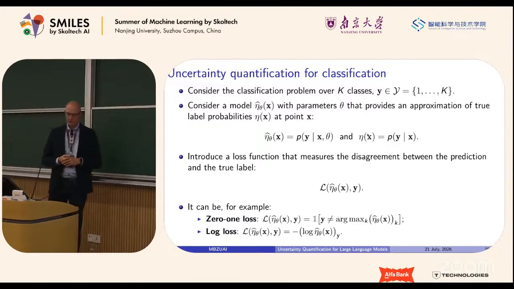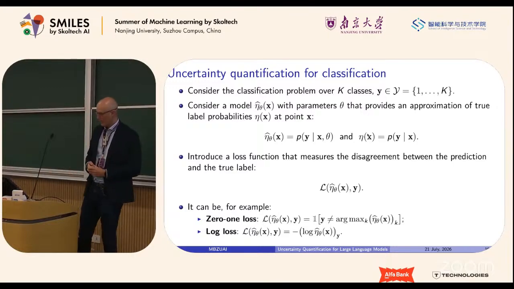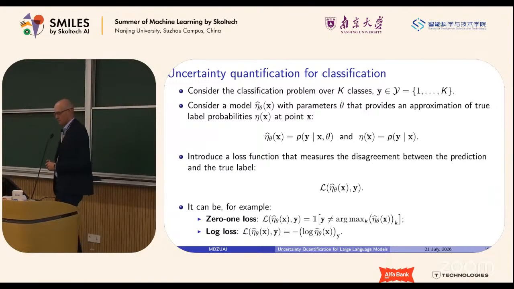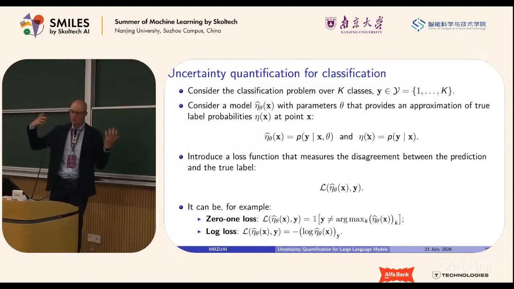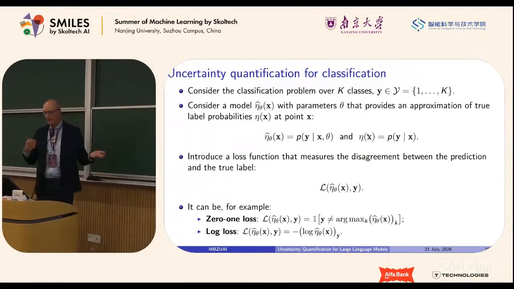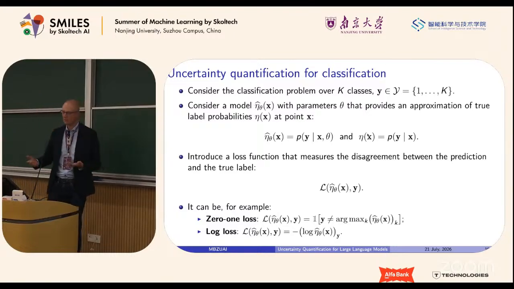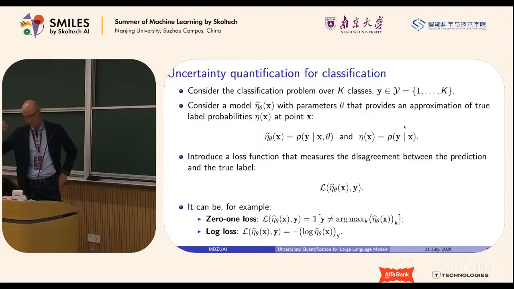This loss tells whether the classifier is good or bad. It can be a very simple loss, such as 0-1 loss, when you just add 1 to the loss if the model makes a mistake, or you can have something like log loss, which takes into account the whole probability distribution of a language model or any model.